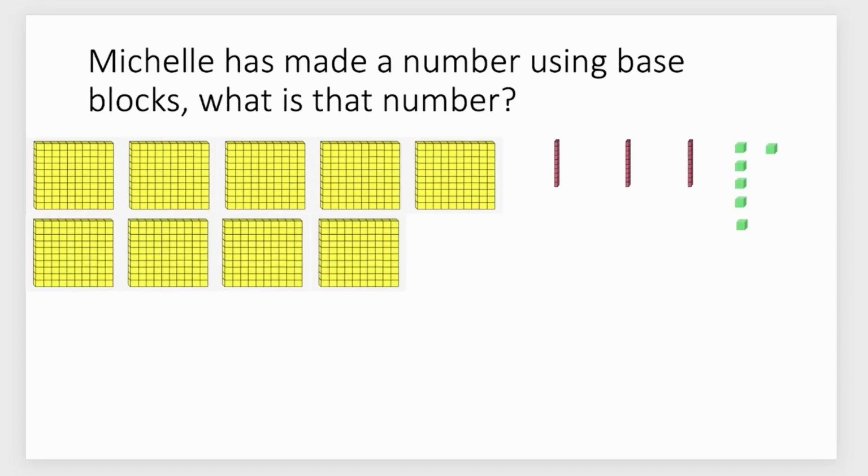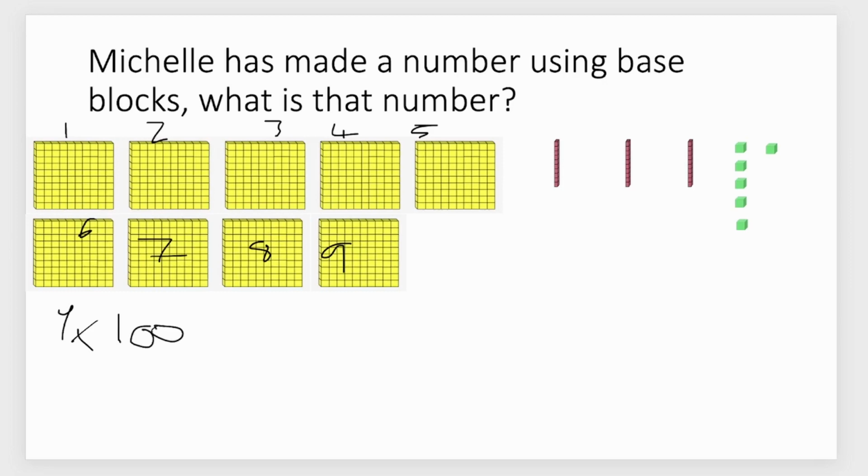The next question, Michelle has made a number using these base blocks. What is that number? So again, if we use the same thing, we can count these blocks maybe. 1 block, 2 blocks, 3 blocks, 4 blocks, 5 blocks, 6 blocks, 7 blocks, 8 blocks, and 9 blocks. So we know that we have 9 yellow blocks. So if we know that we have 9 yellow boxes and each one is worth 100, we could do 9 times 100.